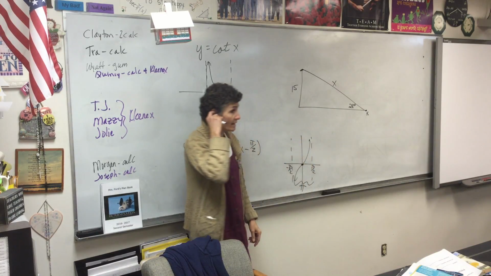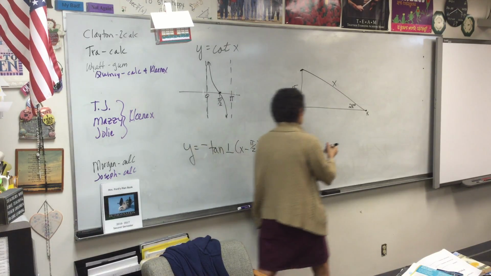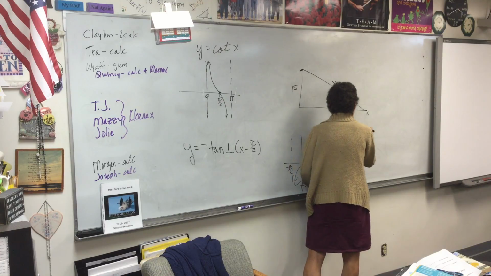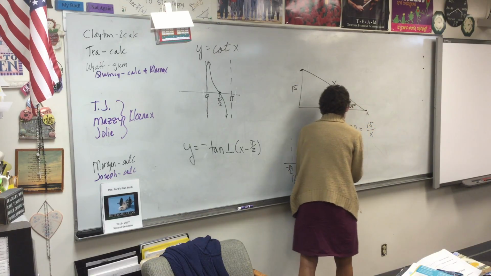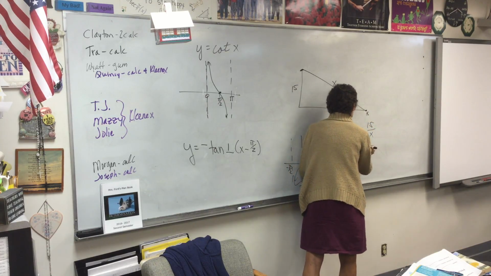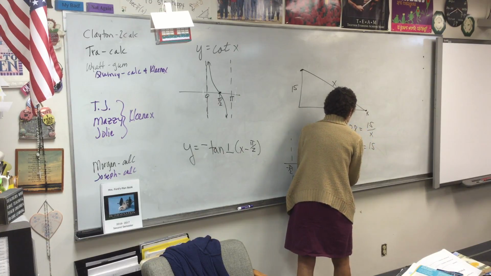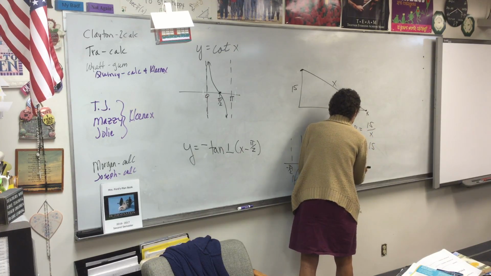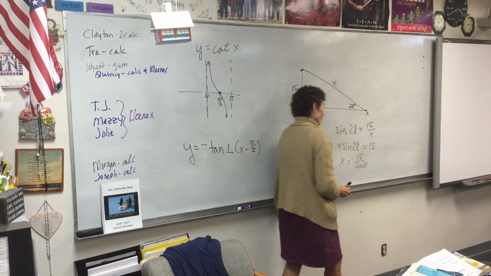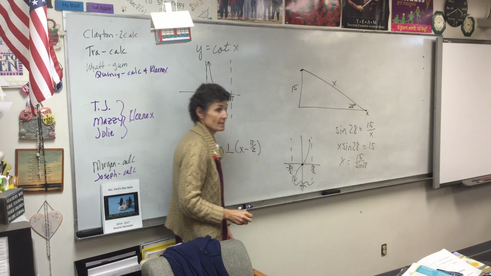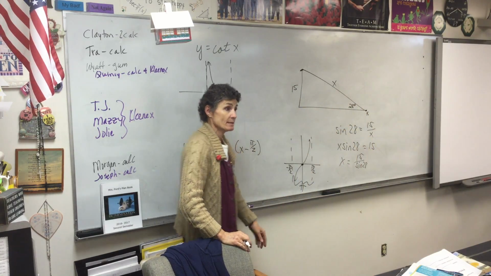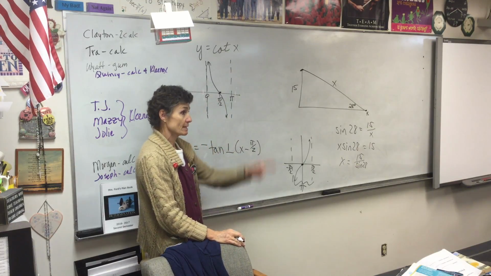You're going to say sine 28 equals 15 over x. You clear your fraction just like we always do, and then divide. Before I type that in, I'm going to make sure I'm in degrees, because that was in degrees. If I'm inputting degrees, I need to be in degrees.